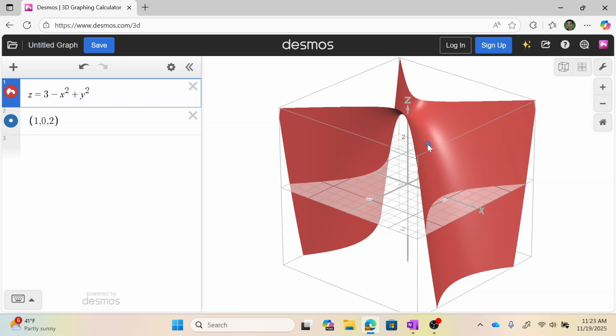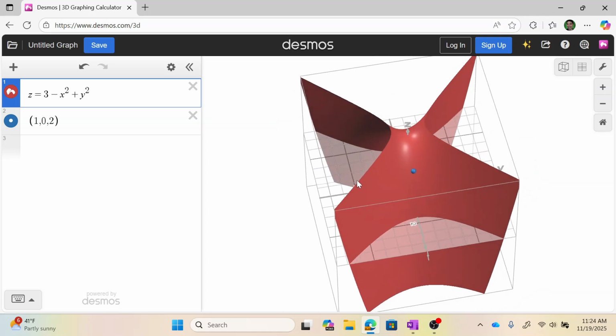So from this location, increasing x a little bit causes a decrease in the z values. As a result of that, I can conclude that f sub x is negative as calculated at this location. F sub x is negative because decreasing z's result from increasing x's.